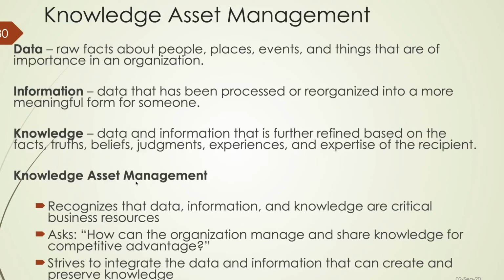Knowledge asset management. Here we are saying that data, which we know as raw facts about people, places, events, and things that are important to an organization. Information, we say that we organize that into some meaningful way. So if I was to say there's a boy, he has a gender, and that gender is male.